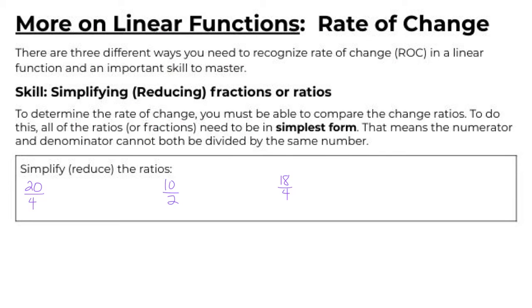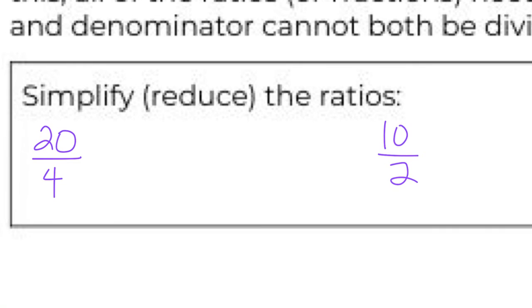We're going to look at these 3 fractions and reduce them to their simplest form. So looking at the first one, and I'm going to just zoom in so it's easier to write, we're going to look at 20/4. And we can think of what divides in there evenly. Some of you might just see they're both even, and you could divide the top and bottom by 2.